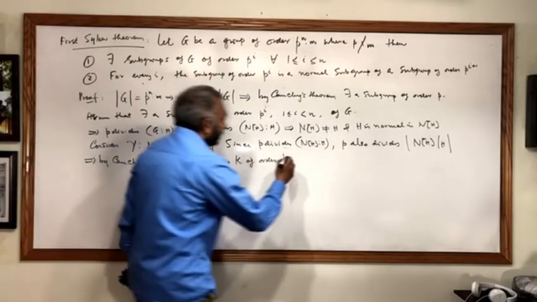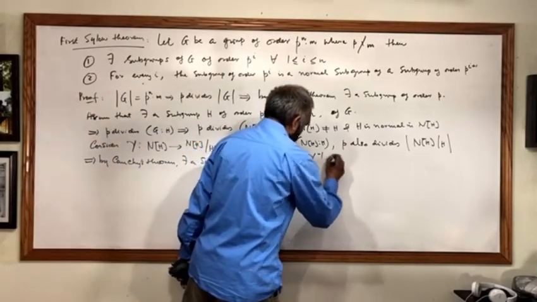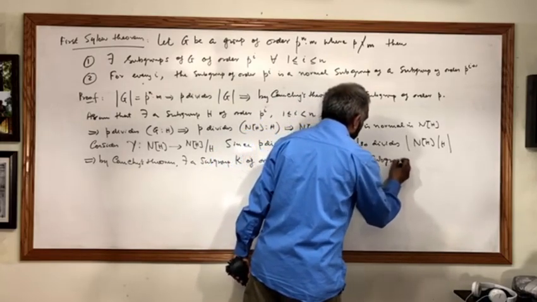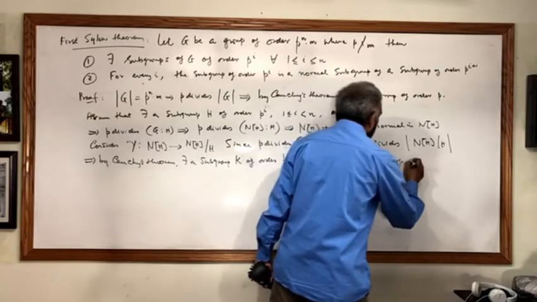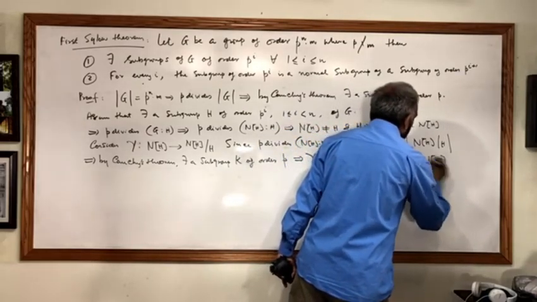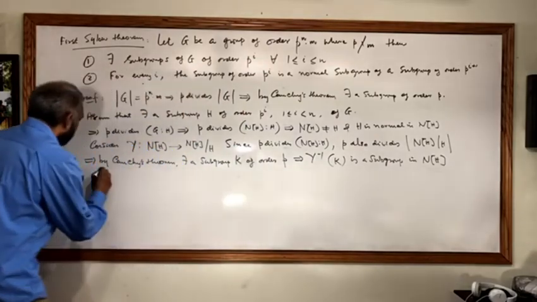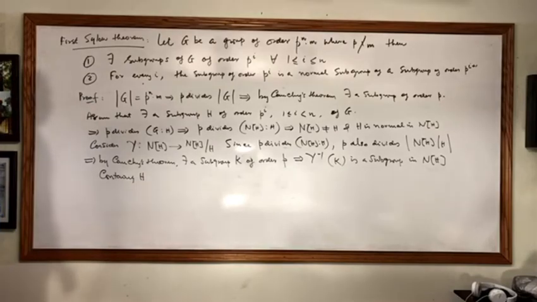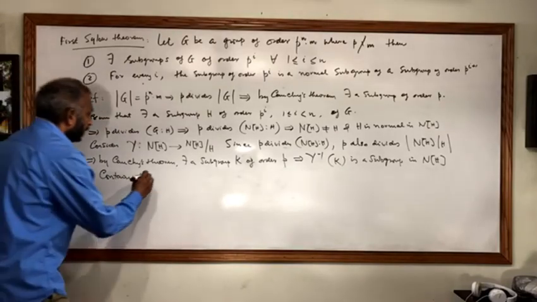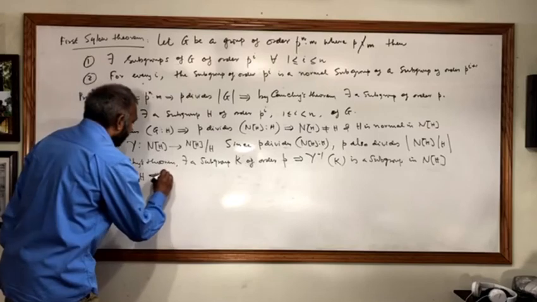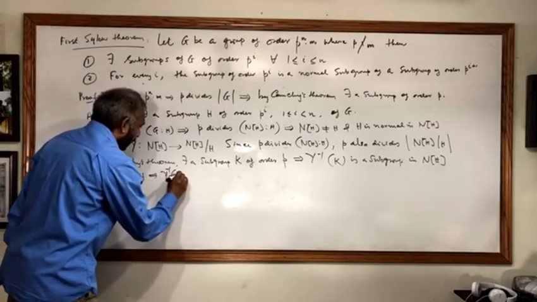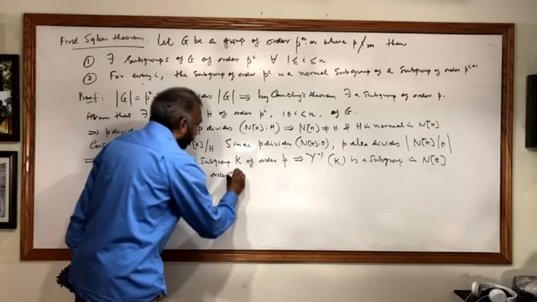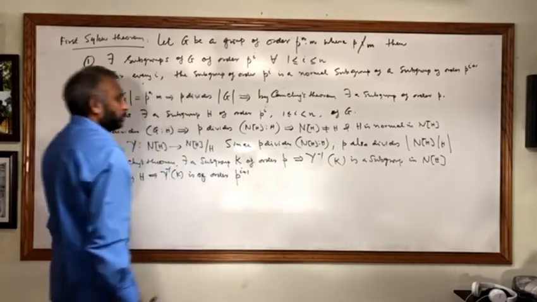So that implies gamma inverse of K is a subgroup in the normalizer of H containing H. And that implies gamma inverse of K is of order p to the power of i plus 1.